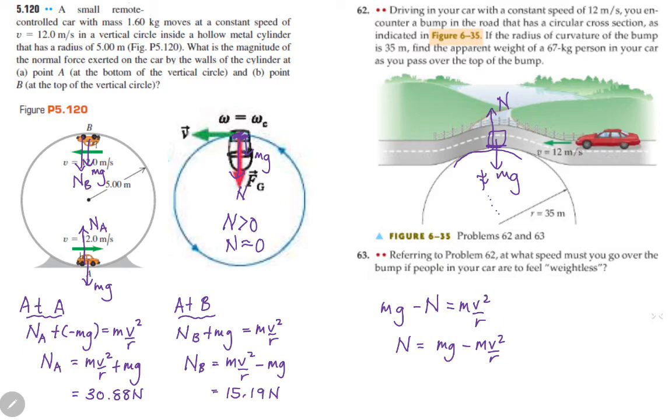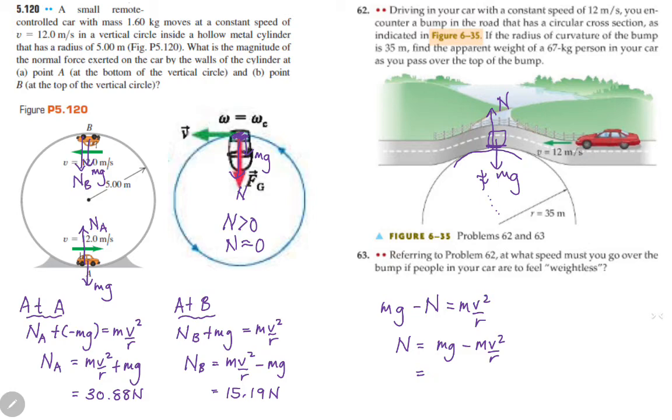Okay, for this question, we have the speed of 12 meters per second. So if we calculate the normal force, imagine yourself as the person in the car, and the normal force is you sitting on the car's seat.